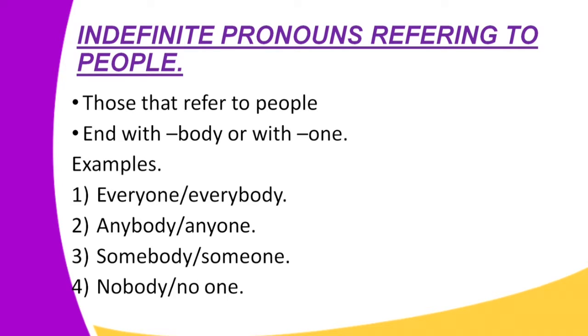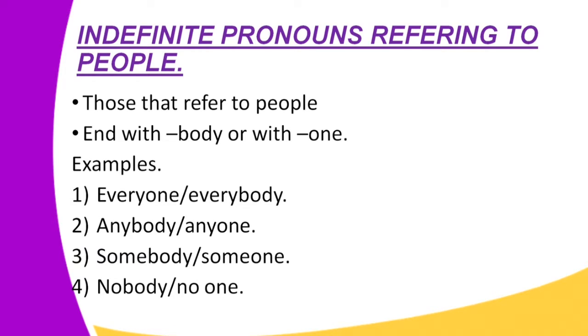Next, we have anybody. When you talk about anybody, you're not specific. Call anybody from class 2V, or call anybody from that house. Anybody will come. You've not specified whether it's a woman, a man, or a child. So when you use the pronoun anybody, you're not specific.